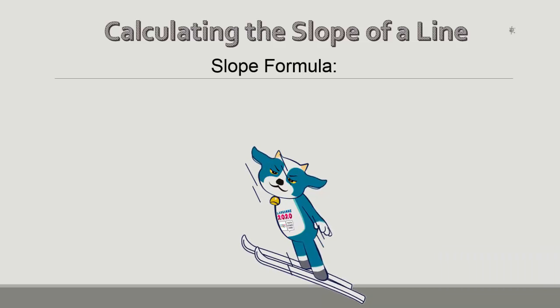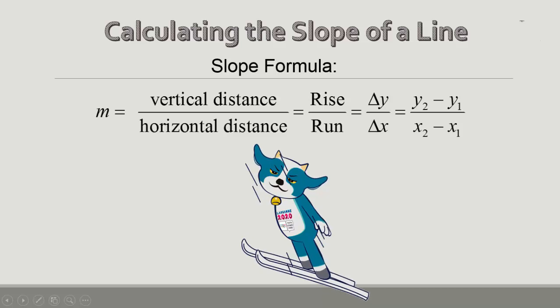The slope formula is what we call m. And m is equal to the vertical distance, or the up and down distance, over the horizontal distance, which is the right to left distance. Some people call it rise as the vertical distance and run as the horizontal distance.